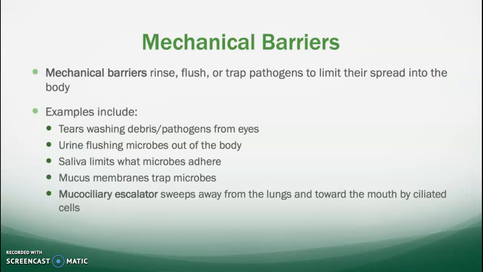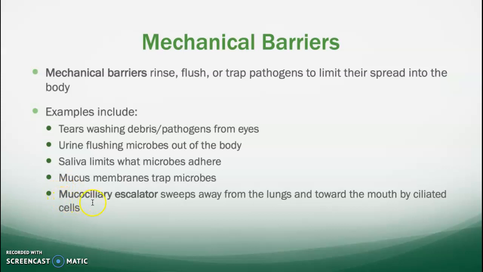The mechanical barriers, remember, are the ones that rinse, flush, or trap pathogens to limit their spread in the body. Some examples of this would be tears washing debris or pathogens from the eyes, urine that can flush microbes out of the body. We also have saliva in our mouth that limits what the microbes can adhere to, right? It's a very slick, wet surface. We have mucous membranes that often will trap microbes.